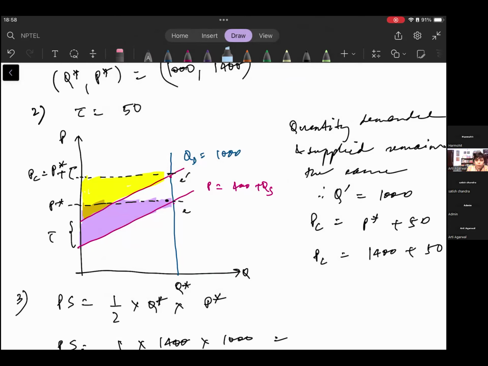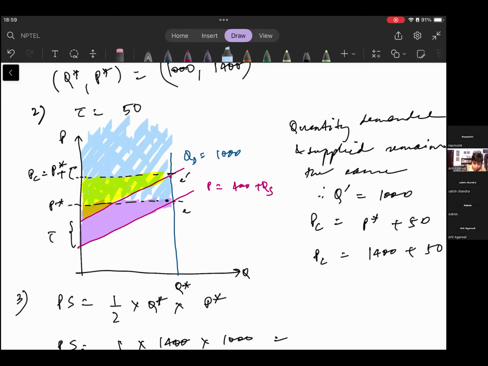If I were to mark the consumer surplus on this, it will be this whole area. Why? Because the QD line and the P star line are not forming any closed shape, which means consumer surplus is infinite.